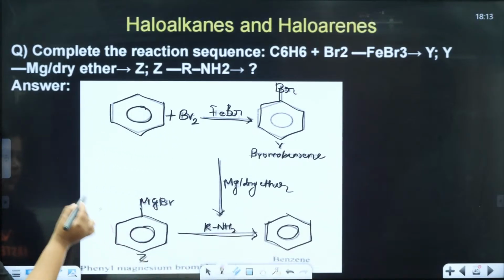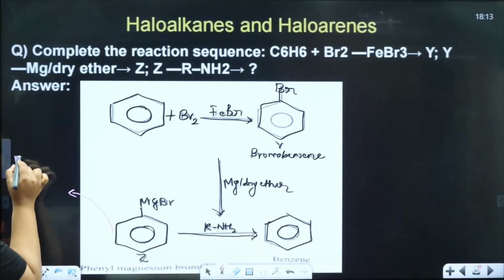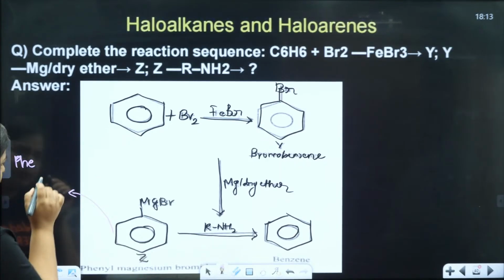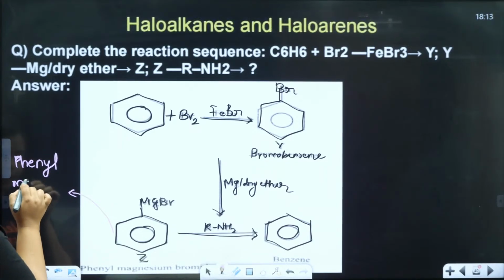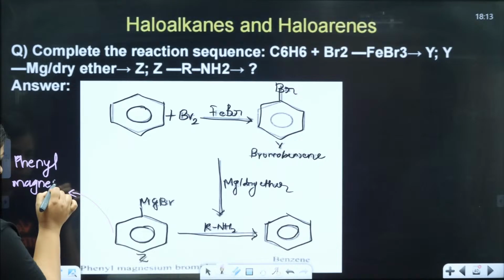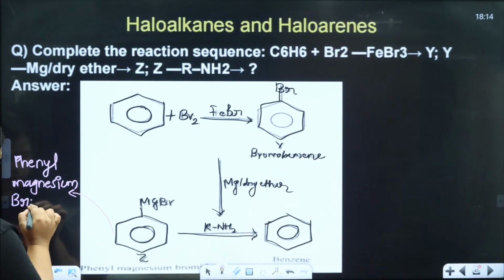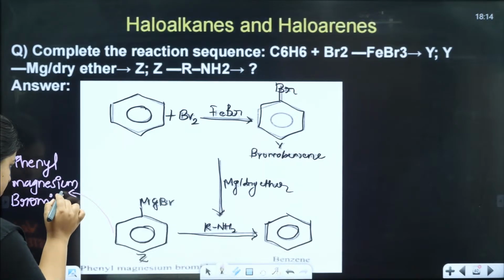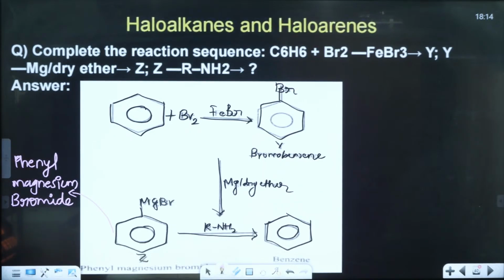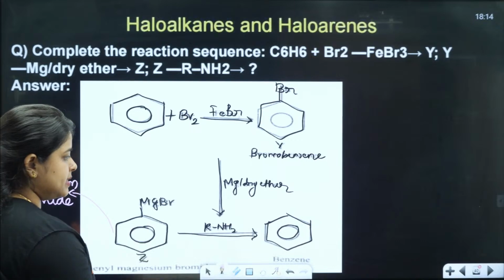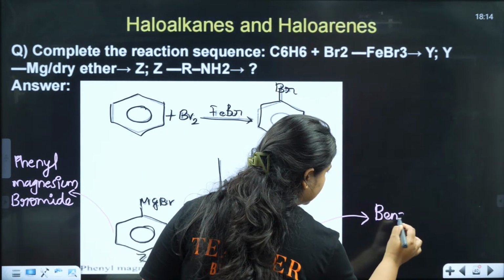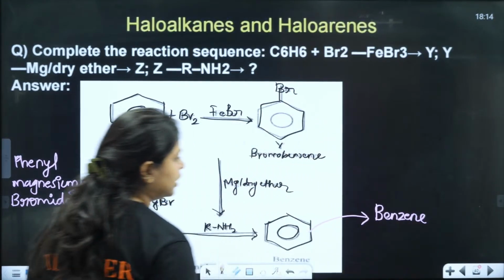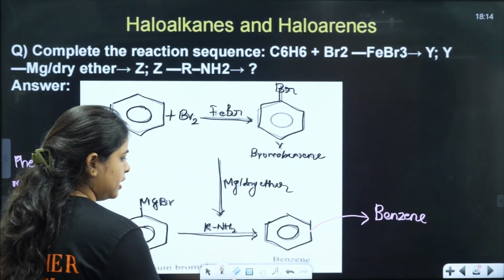Phenyl magnesium bromide is formed, and then benzene will be formed. Clear everyone?